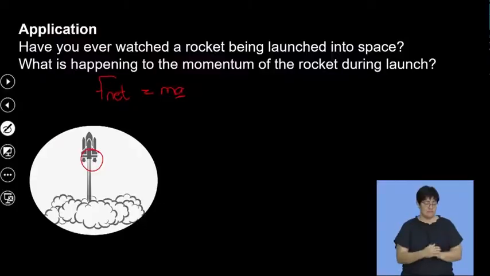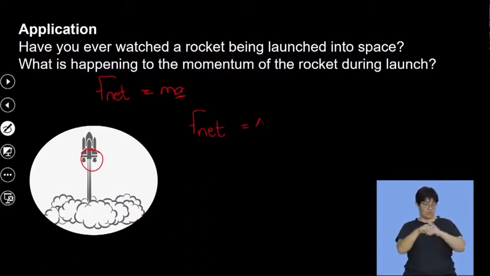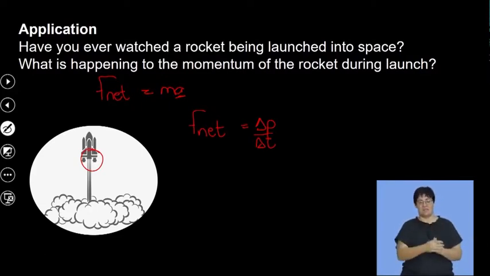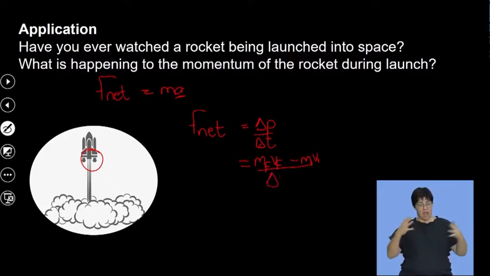But if I look at it in terms of this equation, I can actually predict how fast my rocket will be going at a certain time, because this will become final mass with final velocity minus initial mass with initial velocity over time.